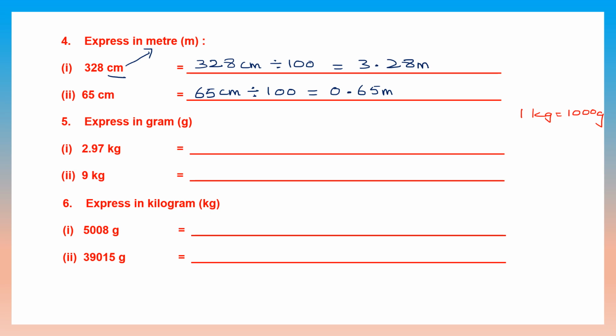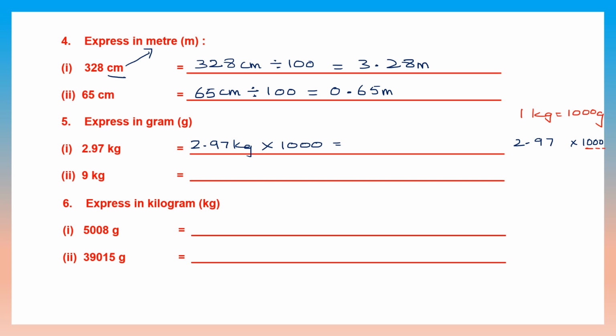So if 1 kilogram is 1000 grams, 2.97 kilograms will be 2.97 into 1000. So let's multiply that by 1000. 2.97. When we multiply by 1000, remember when you multiply, the point moves to the right.